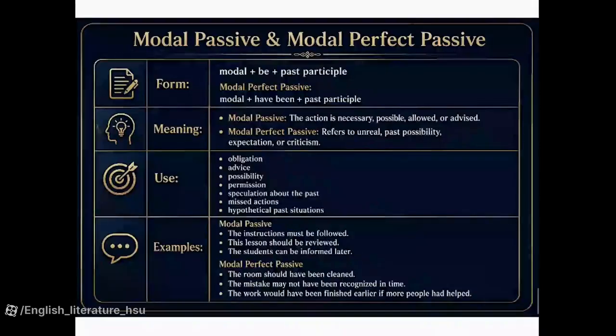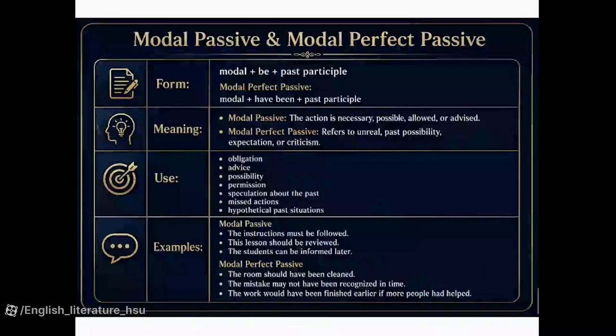Now, let's get a bit technical. We have some special friends here. Modal passive and modal perfect passive. Look at their structure. Modal passive is modal plus be plus past participle. And modal perfect passive is modal plus have been plus past participle. It's simple, right?